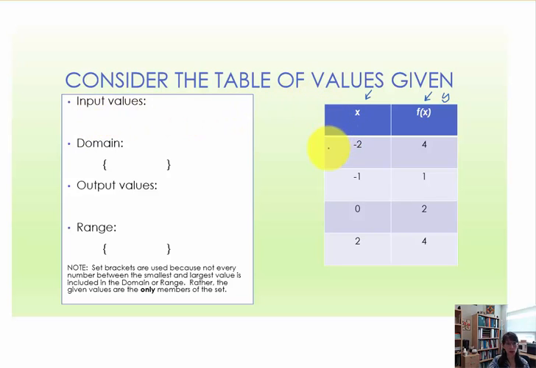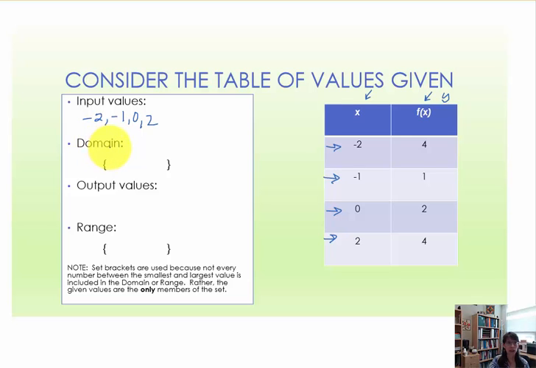Looking at the table, we have -2, -1, 0, and 2. So we're simply making a list of those input values. I'll separate those all with a comma. So that's how you would list the input values.